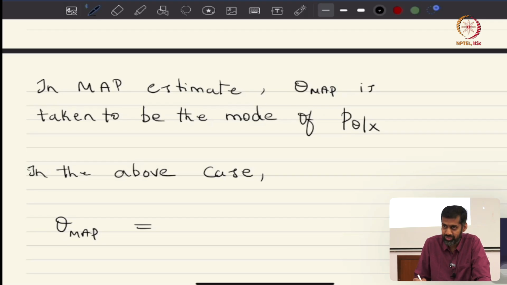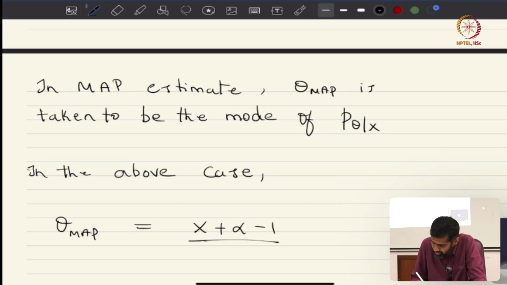It can be read off. Given a beta distribution the mode can be found out, right? It has an analytical form. All you need to do is take the density function, take the derivative with respect to theta and put it to 0, and you will get that. I will just write down the mode: x plus alpha minus 1 divided by alpha plus beta minus 2. This is the mode.